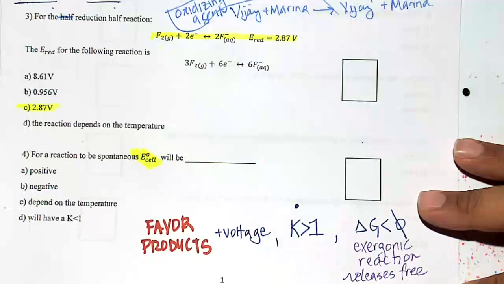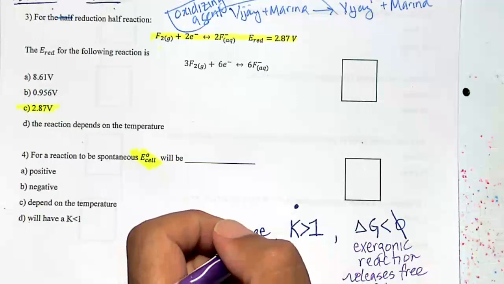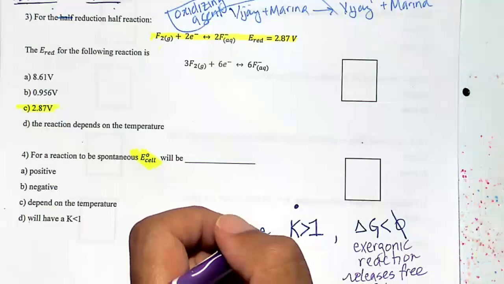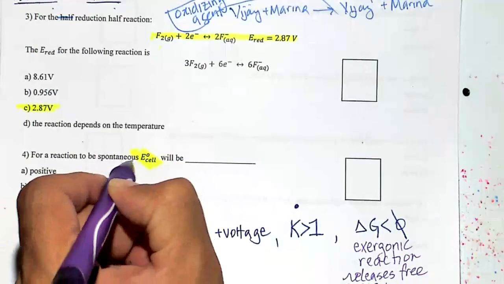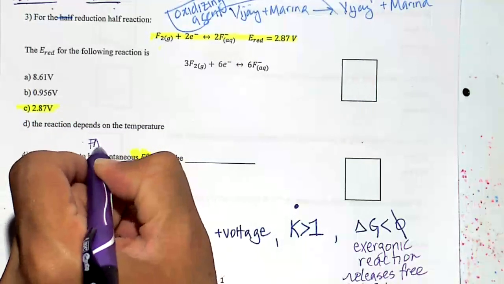It's just energy that can do work. So all these 3 things must occur for a reaction to be spontaneous, and by spontaneous we mean it favors the products.